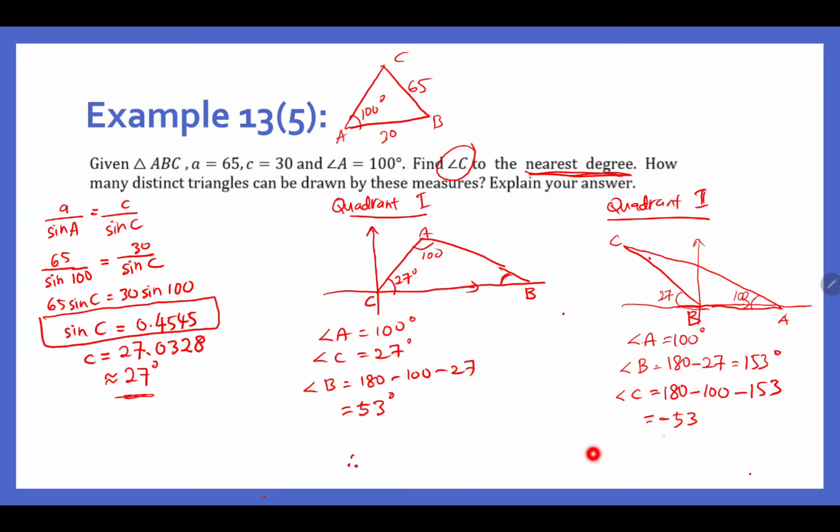So here we write impossible. So our conclusion is there is only one possible triangle can be drawn.